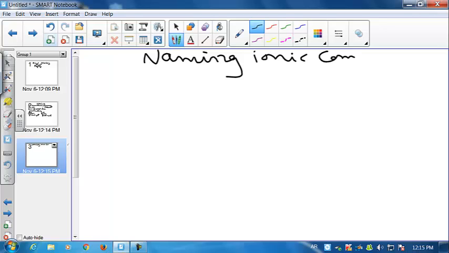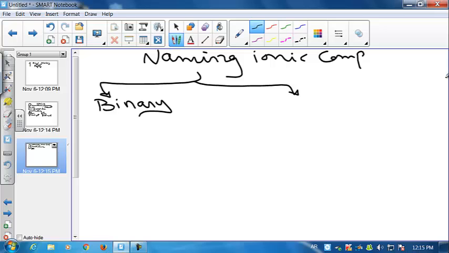First, we will divide them into binary ionic compounds, which consist of a monoatomic cation and a monoatomic anion, and ionic compounds with polyatomic ions. So if it is binary, how do we name it?